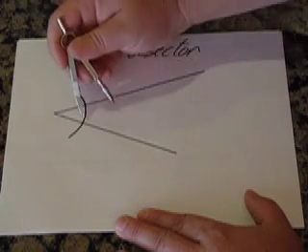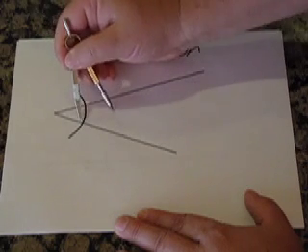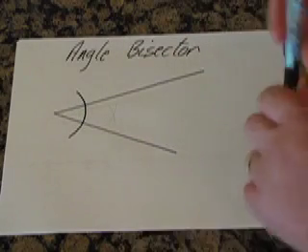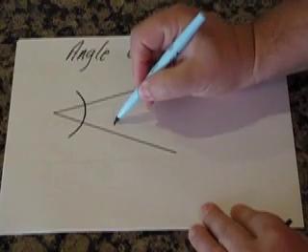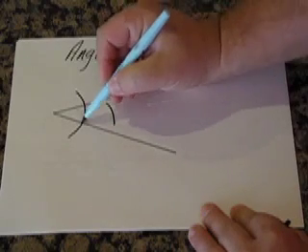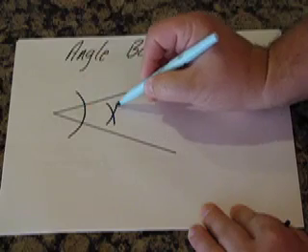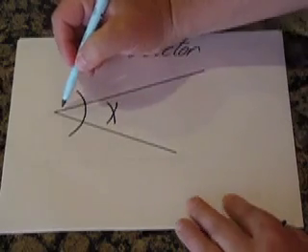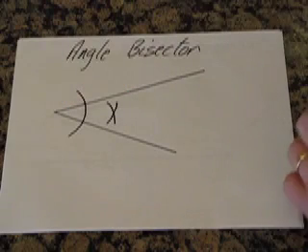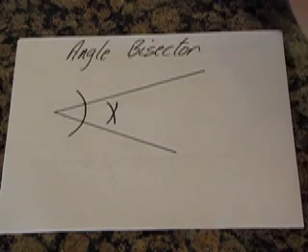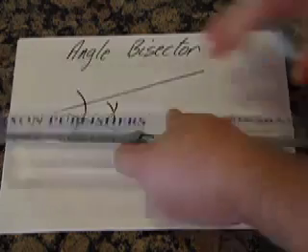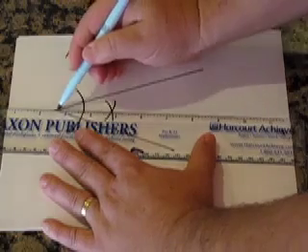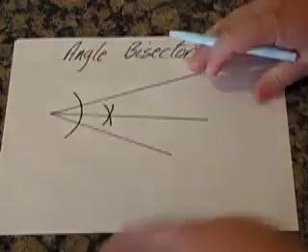Now notice I didn't change what size my compass was, and I'm just coming across and in some sense making an X out there, and you'll see this is the same distance from here and this is the same distance from here, and those are all the same distance from the vertex. So when we draw this, all we have to do is draw through that point, and we have an angle bisector right there, two equal halves.